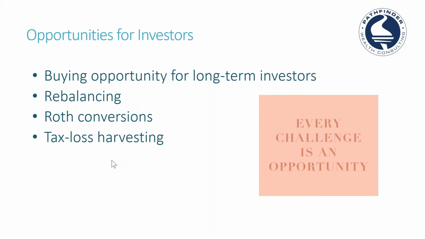Tax loss harvesting is another thing that we're actively doing in client accounts, and that's where we sell a position that has a loss and immediately buy an equivalent position. So for an easy example, if we were invested in the S&P 500 stock index fund, we could sell out of that S&P 500 stock index, buy another one.